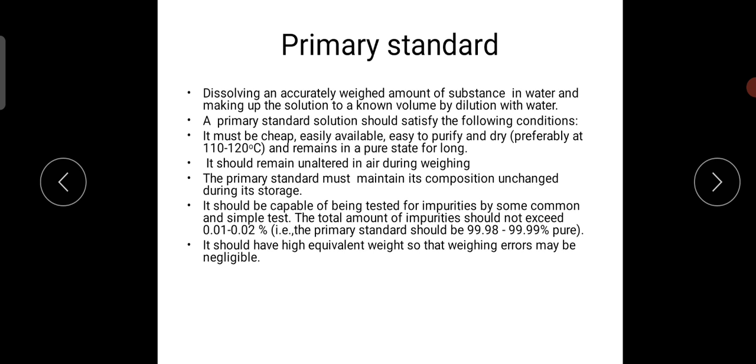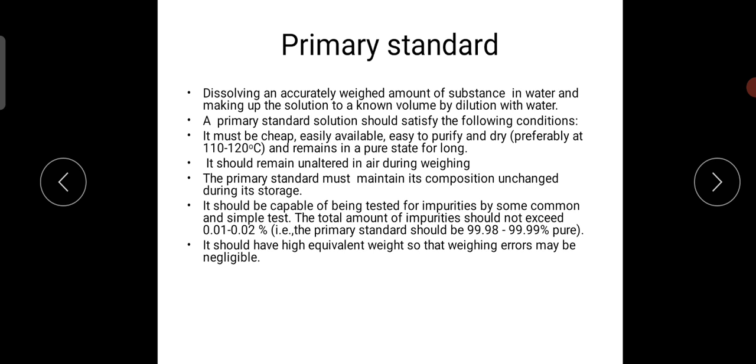Then the final one, that is primary standard. What do we mean by primary standard? Primary standard means we dissolve a particular amount in water, then make the solution up to a known volume. That is called a primary standard.